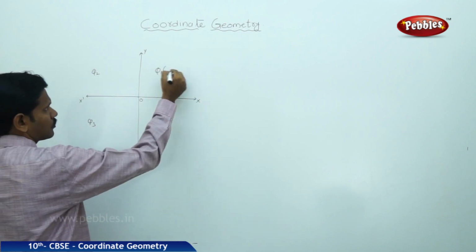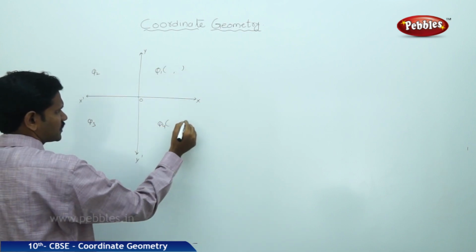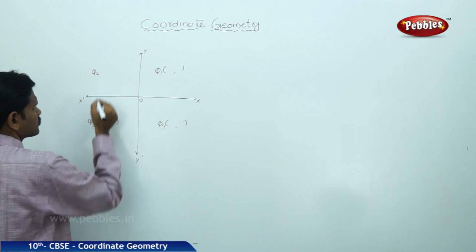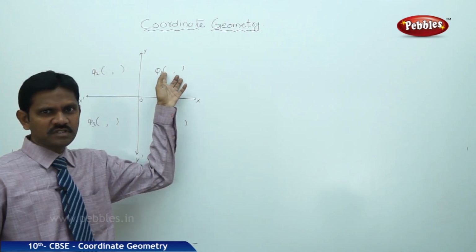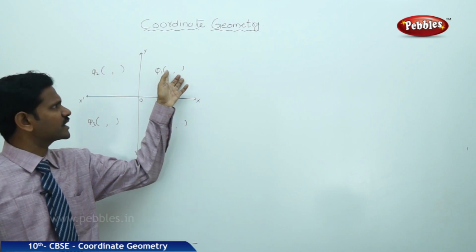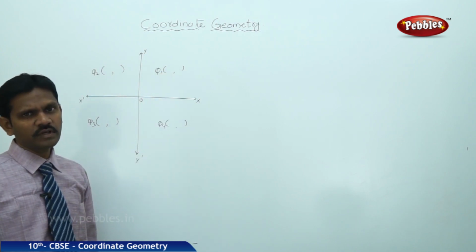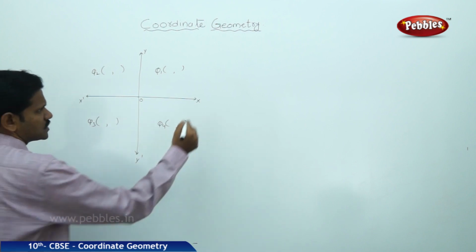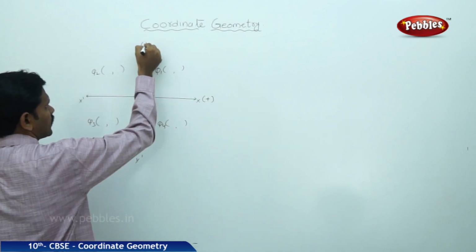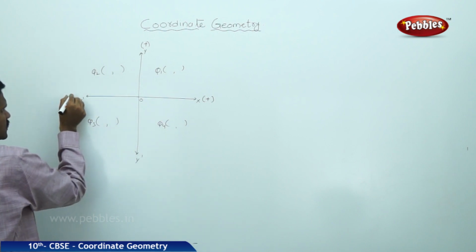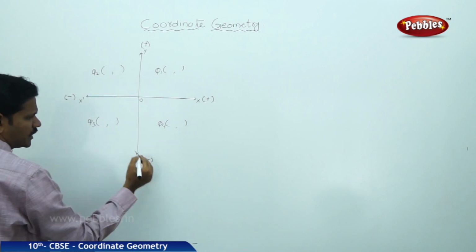Now, a point in a quadrant is an ordered pair. The first coordinate is called the x coordinate, the second one is called the y coordinate. This is x positive, y positive, x negative and y negative.